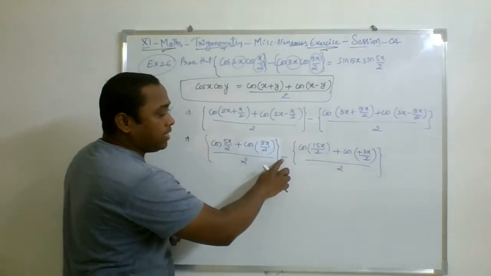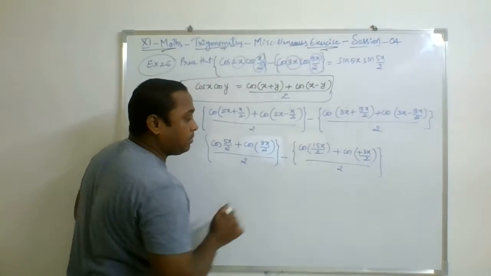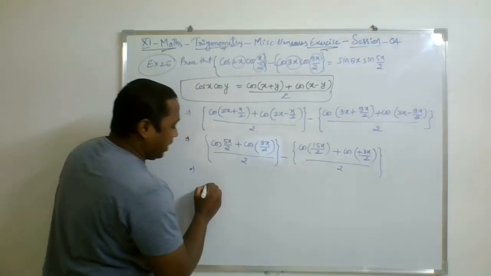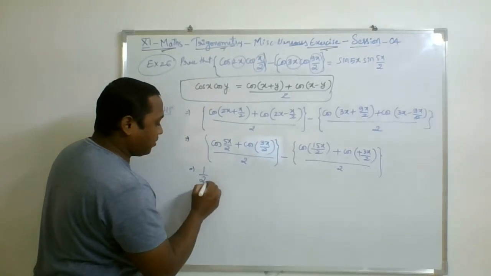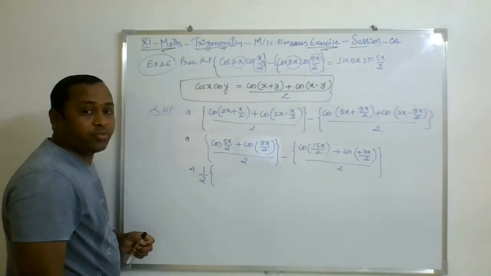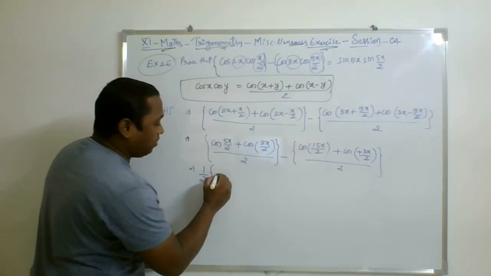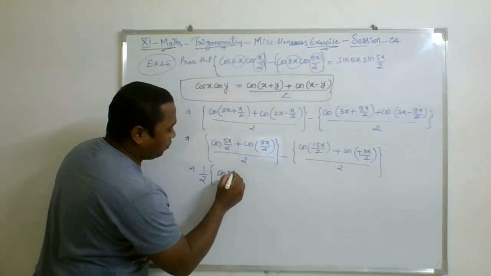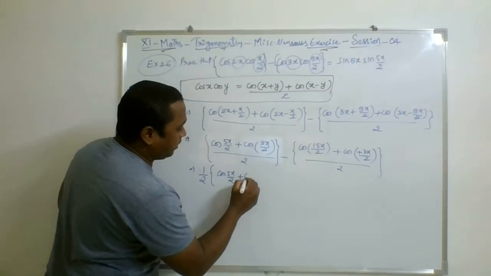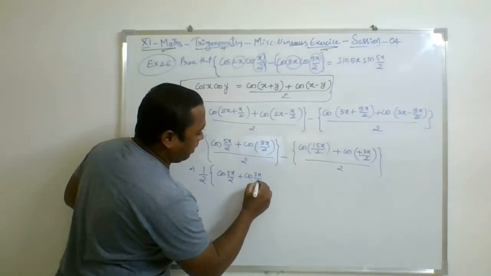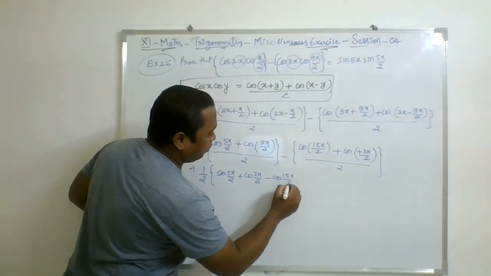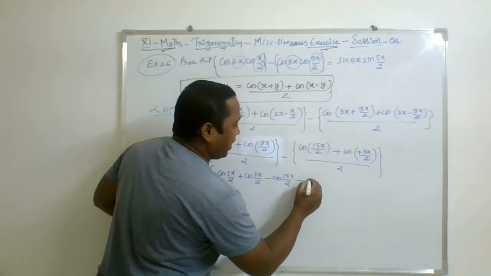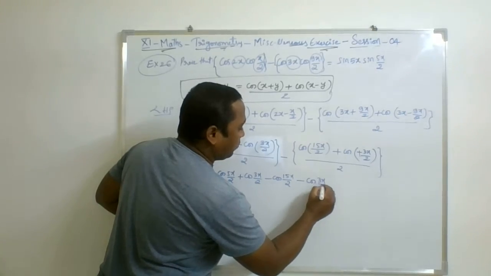Now, open the bracket with this minus sign and take the LCM. The LCM would be 2, so I am writing 1 by 2 aside, just for convenience. What is left? Cos 5x by 2 plus cos 3x by 2 minus cos 15x by 2 minus cos 3x by 2.